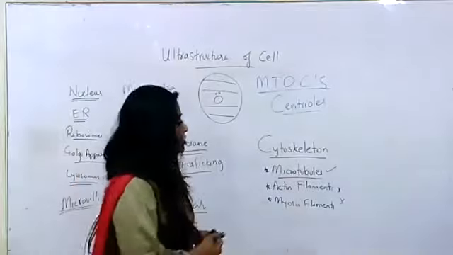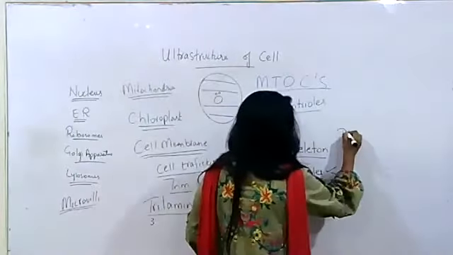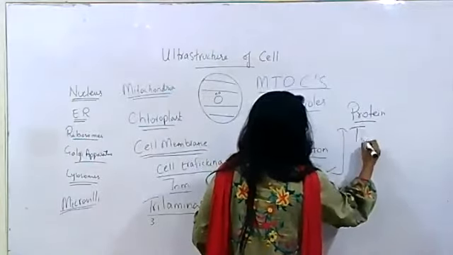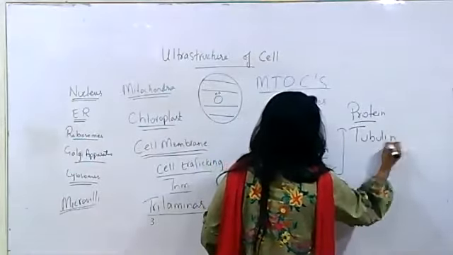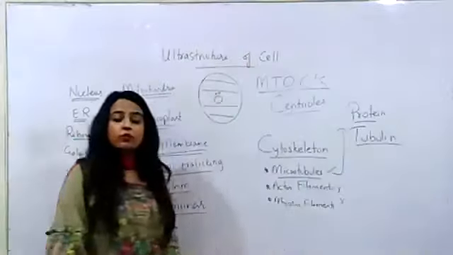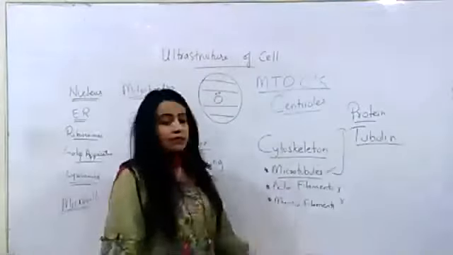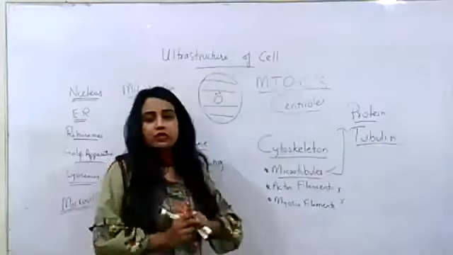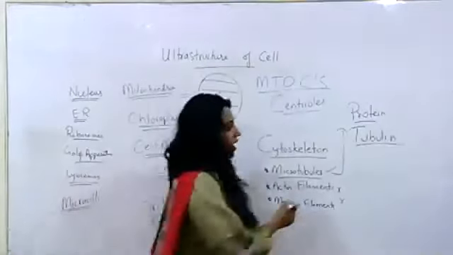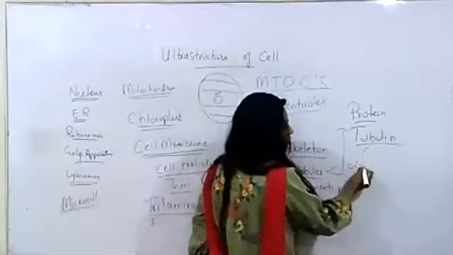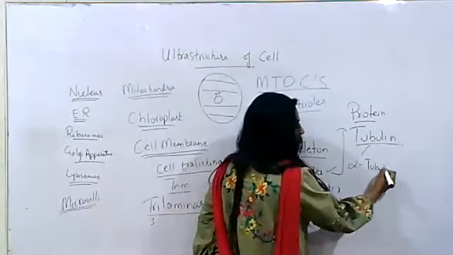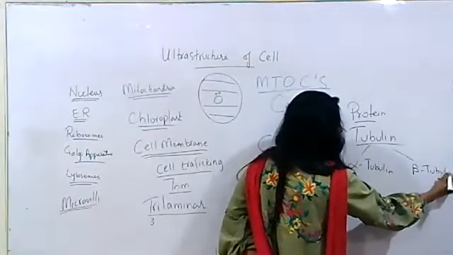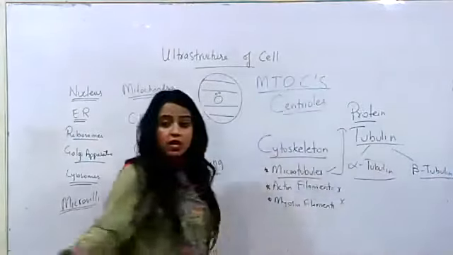A protein termed as tubulin makes up the microtubules, right? Tubulin protein has two variants or two types. You have alpha tubulin and you have beta tubulin, right?